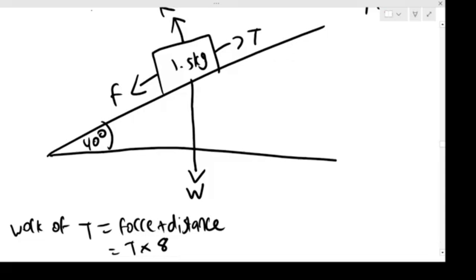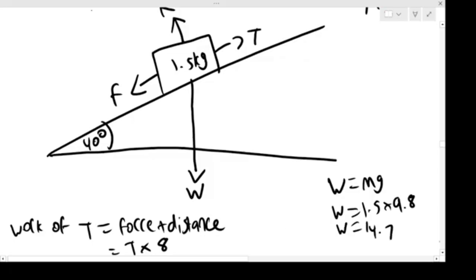Firstly, we can work out the weight. We know that the weight is mass times g, where the mass is 1.5 and g is 9.8. So therefore, the weight is going to be 14.7.